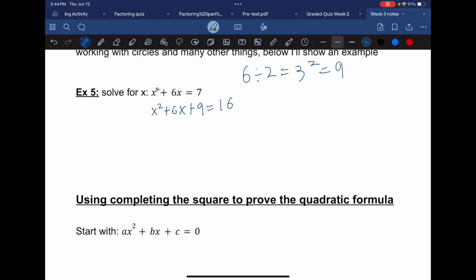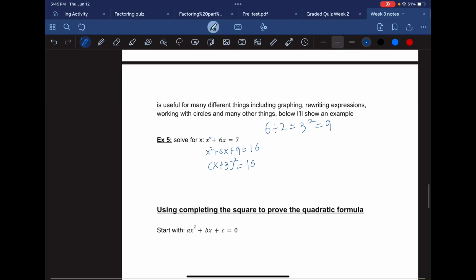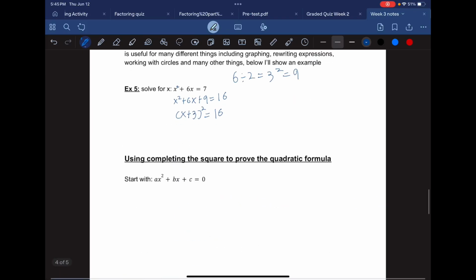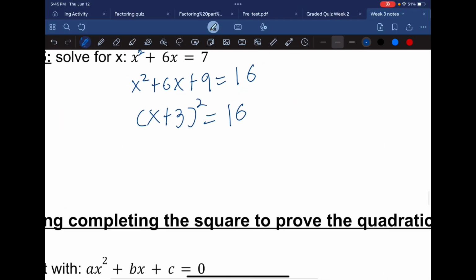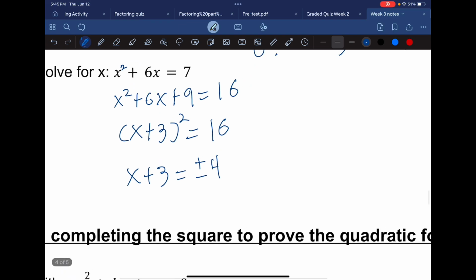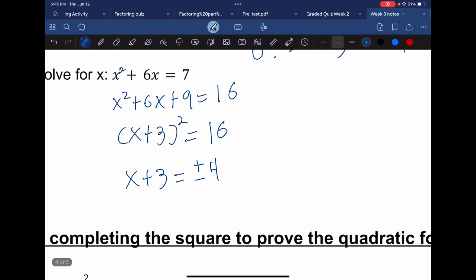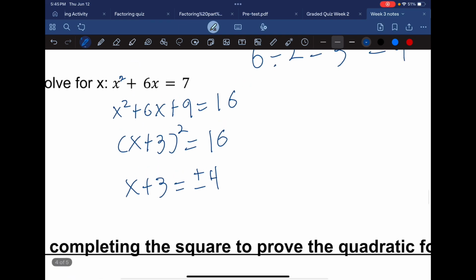And then this is going to turn into x plus 3 squared, just like it did last time, equals 16. And then we're taking the square root of both sides. So that gives us x plus 3 is equal to plus or minus 4. And again, it's plus or minus 4 because negative 4 times negative 4 is 16, and 4 times 4 is 16.